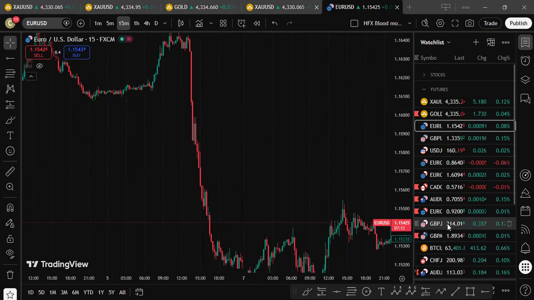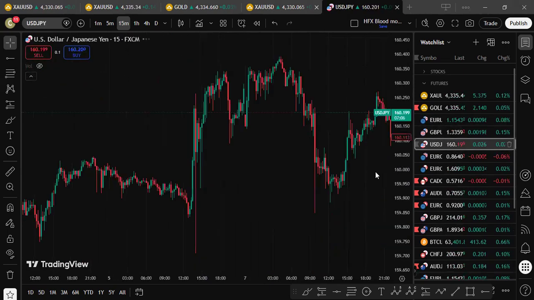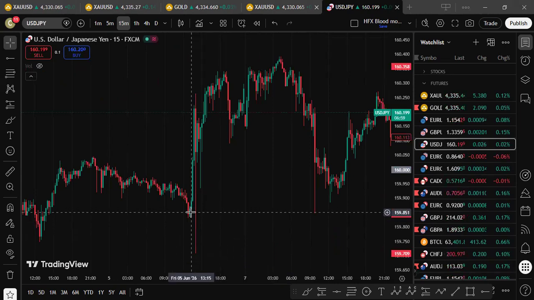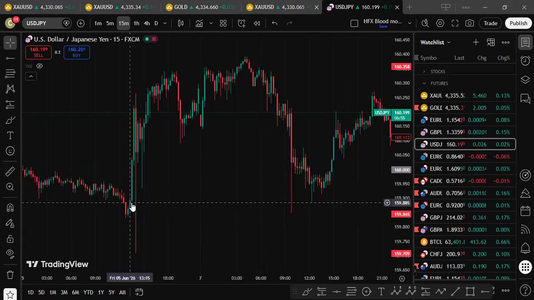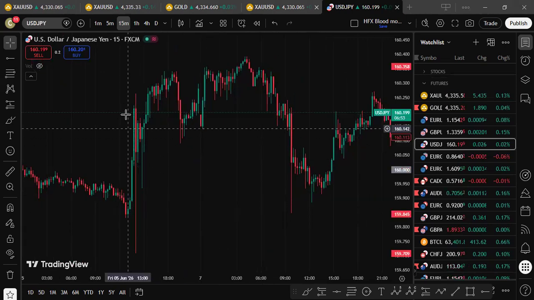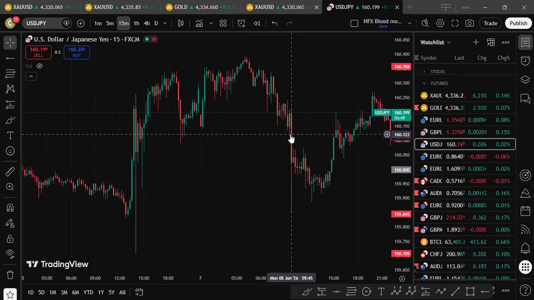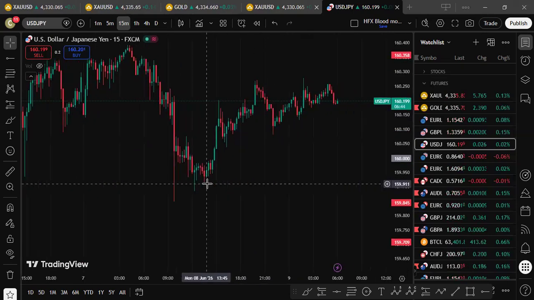If you check USDJPY, you're going to see a massive pump on Friday. This is the pump, the 130 pump, the NFP news volatility. And it has been like that for the longest time.